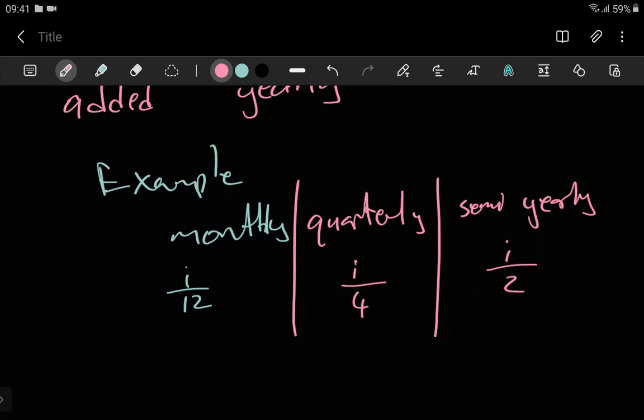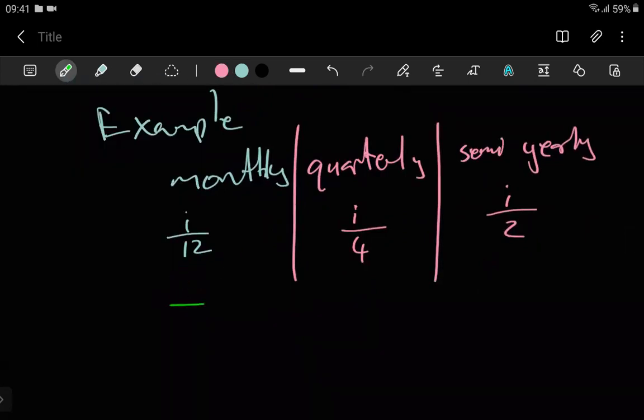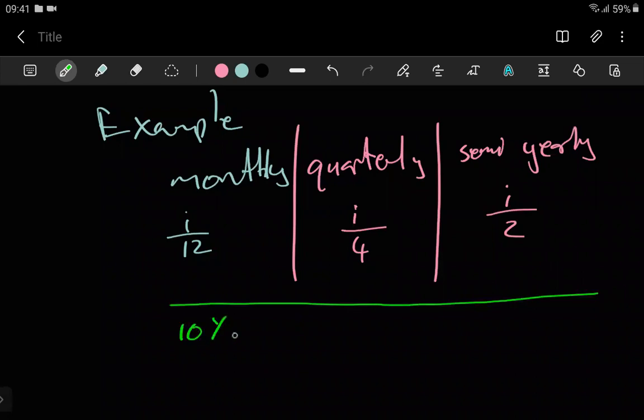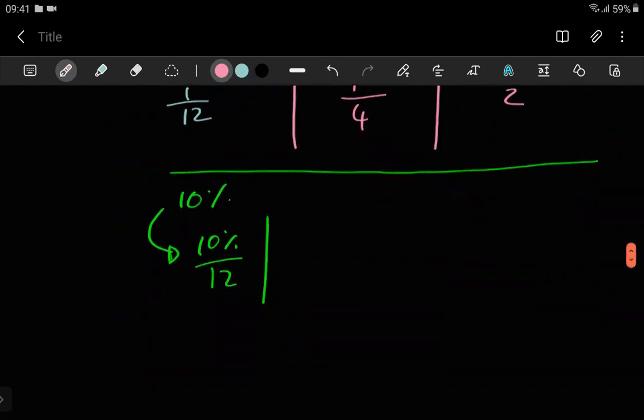So, for example, if your interest is, let's add another row, if it's 10%, then you're going to write down here 10% over 12, meaning this is the same as 10 over 100, but because you also have to divide by the 12, you put the 12 down here like that.